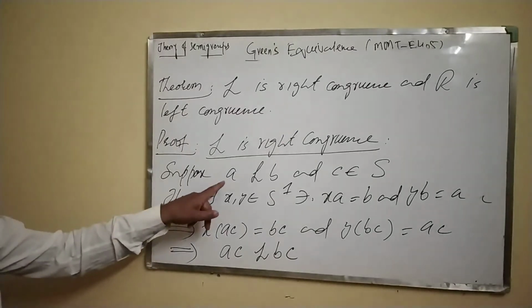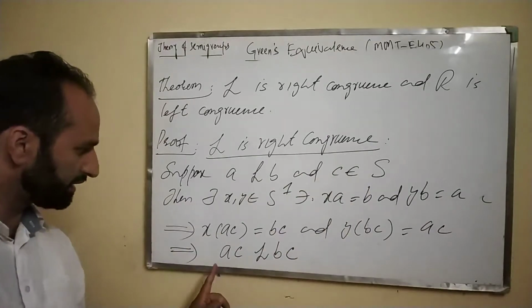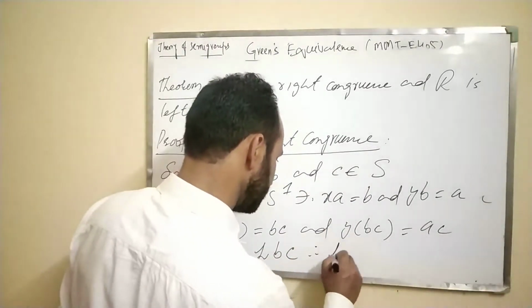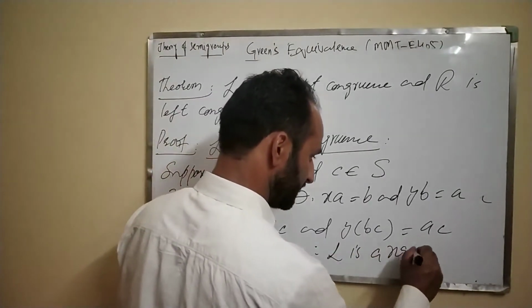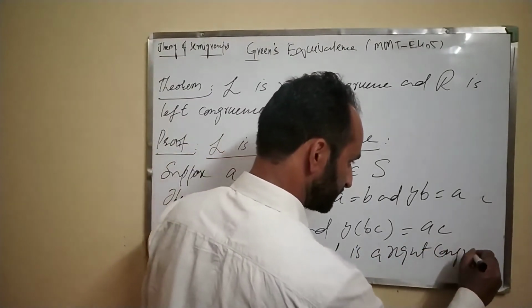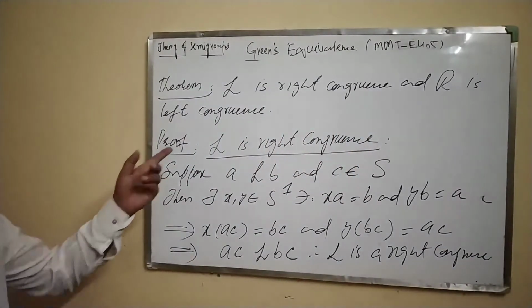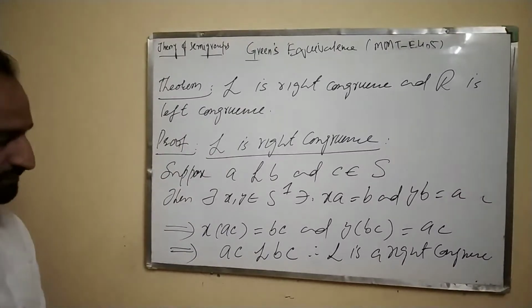So whenever A is L related to B and C belongs to S, then AC is L related to BC. Therefore L is a right congruence. In a similar way you can see that the relation R is a left congruence.